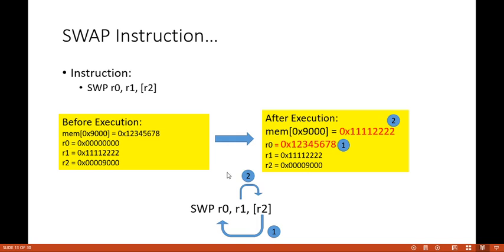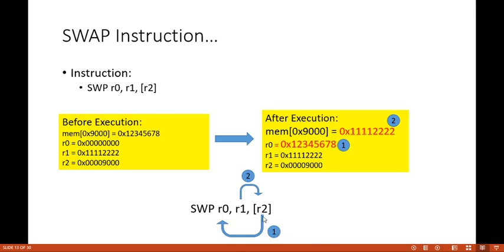So how does the instruction execute? You can see that the instruction example given is SWP R0, R1, R2. So R0 and R1 are general purpose registers, whereas R2 here is acting as a memory pointer. So R2 is containing the address 9000. At the 9000 location you can see the number is 1, 2, 3, 4, 5, 6, 7, 8. R0 is empty. R1 is containing one number, 4 times 1, 4 times 2. So when this instruction is executed, what will happen?